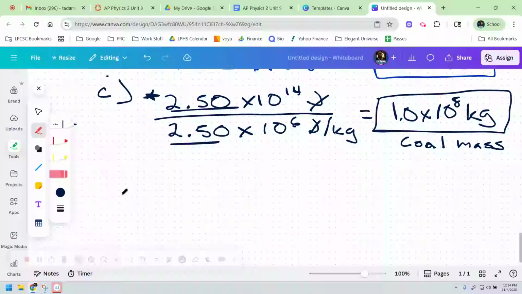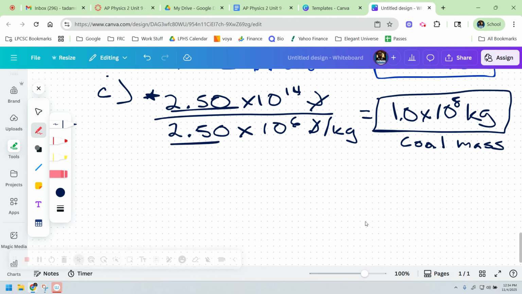So then I got to figure out mathematically how much CO2 I have, because that's really the question, okay? So I need to know the mass of CO2. So this is the coal, and then I'm going to calculate how much CO2 is generated, right? So I'm going to take this 1.0 times 10 to the 8th kilograms of coal, because coal is just carbon, right?